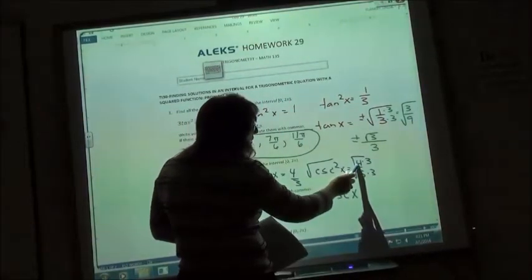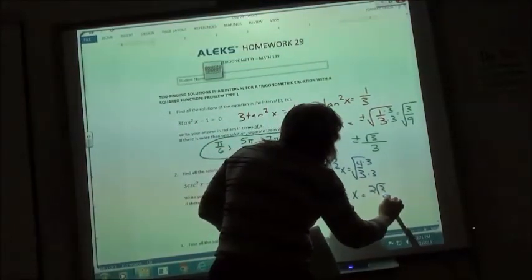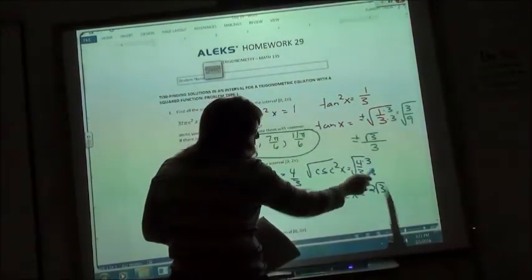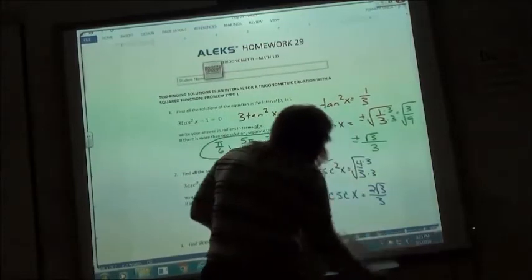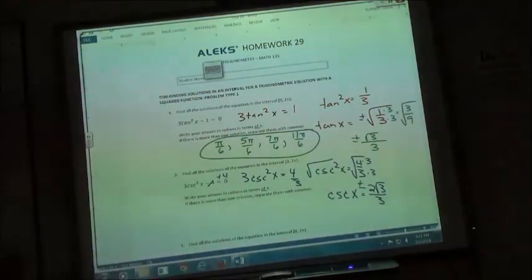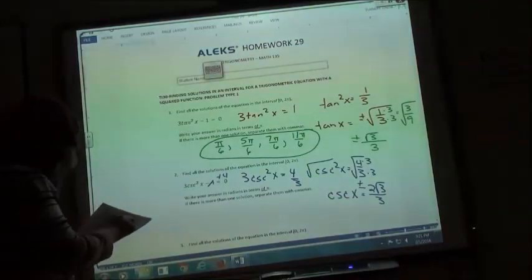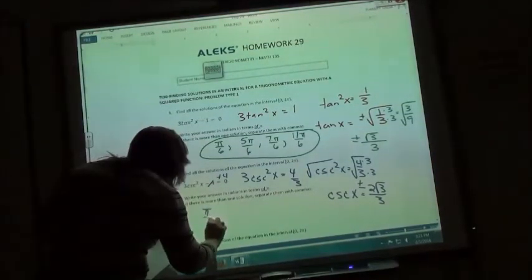Now when I simplify this, the square root of 4 is 2, so I'm going to get 2 square root of 3 on top. On the bottom we have the square root of 9, which is 3. And of course, since we did the square root, we have to do plus or minus. So we're going to look up plus or minus 2 square root of 3 over 3. Under my cosecant column, 2 square root of 3 over 3 is at pi over 3.